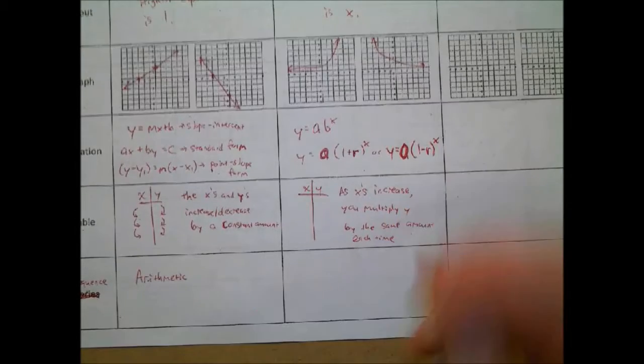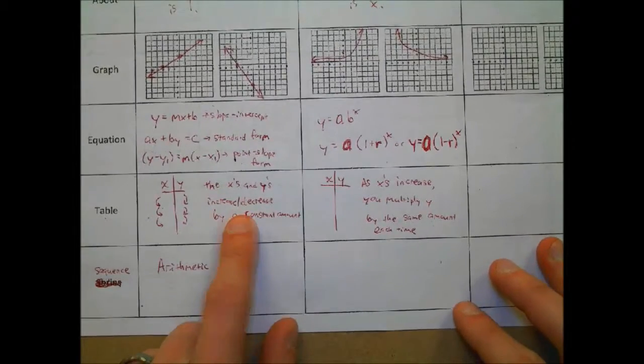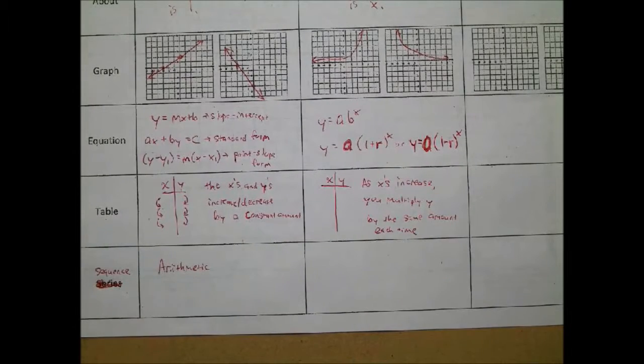Okay, right? So that's the key thing. Linear, you're adding the same amount each time. Exponential, you're multiplying by the same amount each time. Multiply.